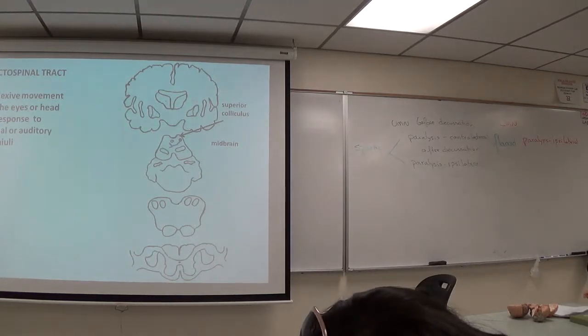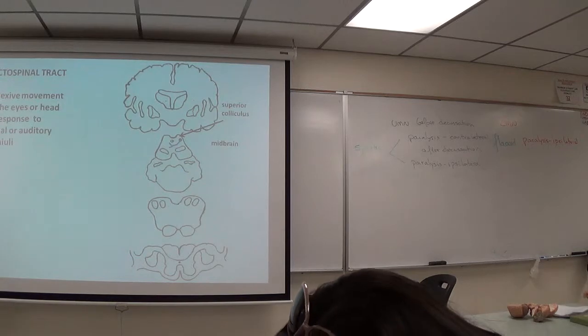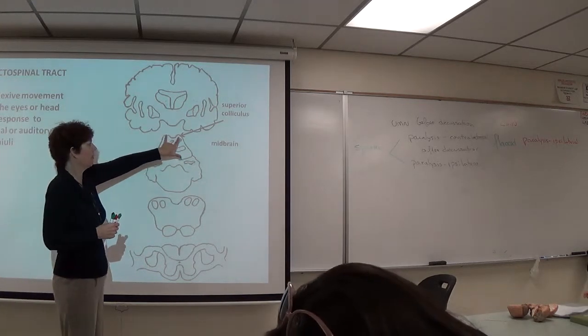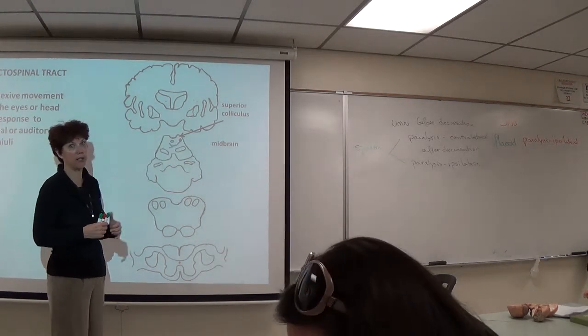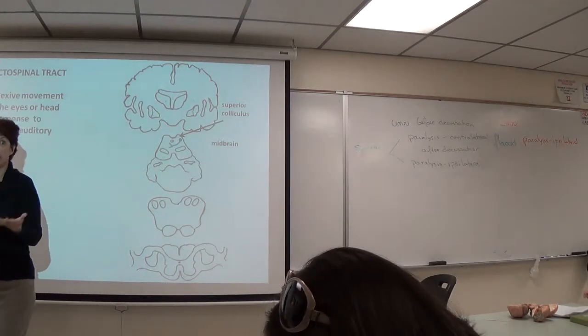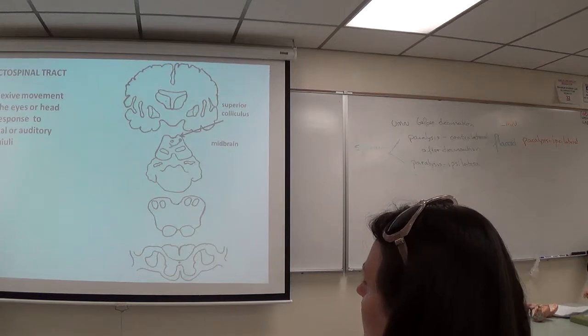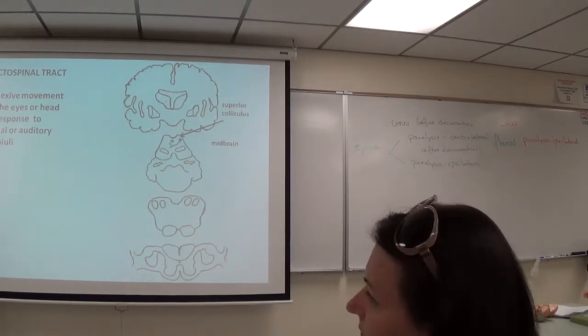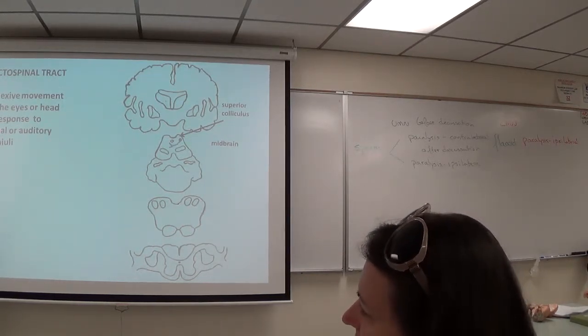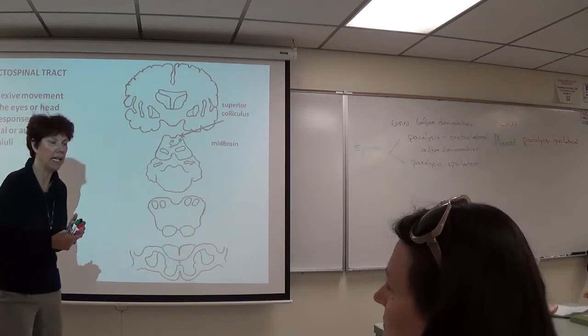Okay? So when we talk about the tectospinal tract, we're talking about upper motor neurons that are in the superior colliculus or in the inferior colliculus. So superior colliculus is for visual reflexes, and inferior is for auditory reflexes.